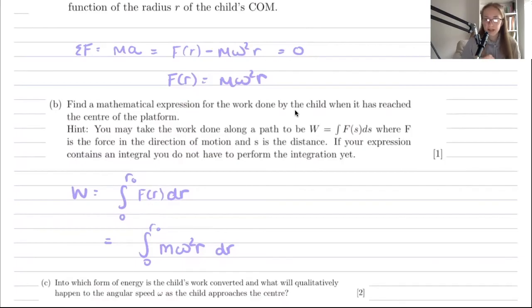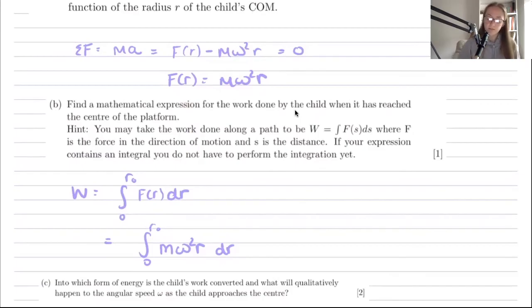But in this case, our force that we're using to move is not constant. It changes depending on how far away we are from the center, because the amount of force that we need changes as we get closer or further from the center. The further we are from the center, the more force we need to pull ourselves inwards. And as we get closer and closer to the center, it becomes easier and easier.